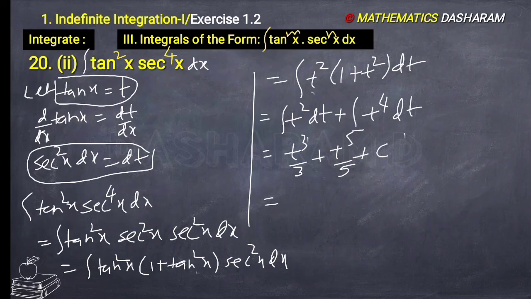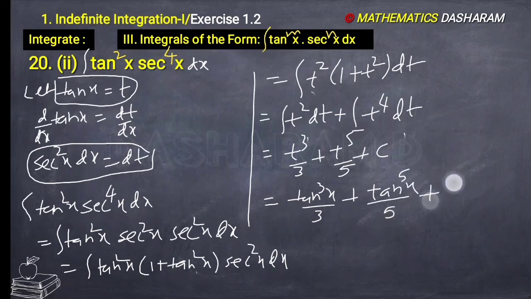So substitute the t value: tan cube x by 3 plus tan to the power of 5x by 5 plus c is our required answer.